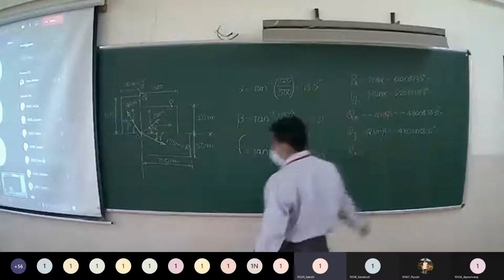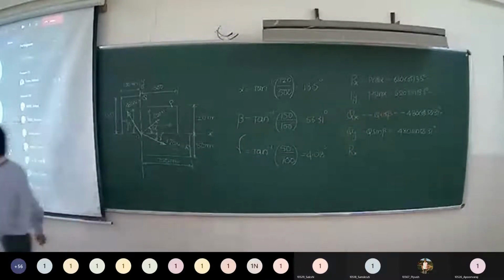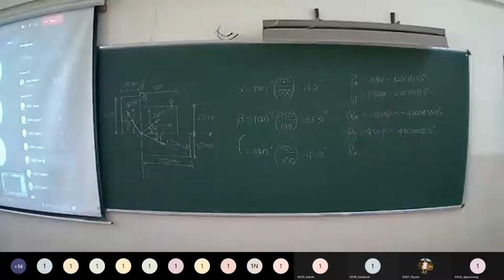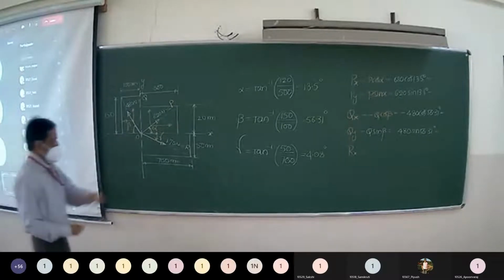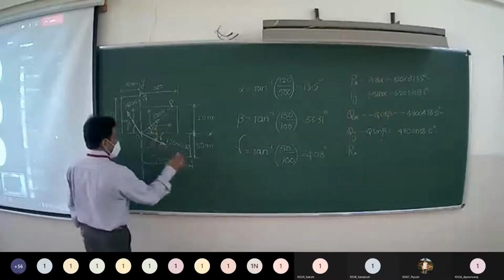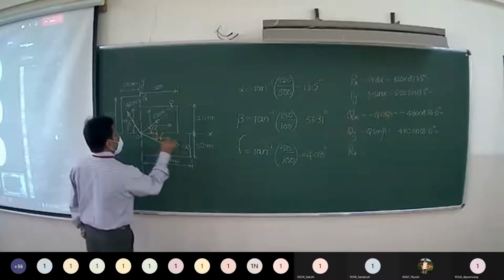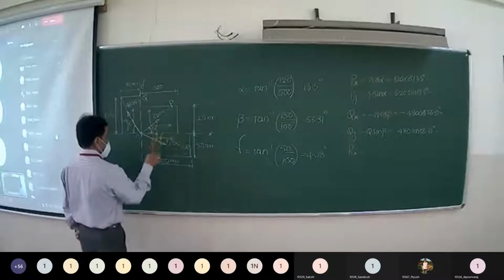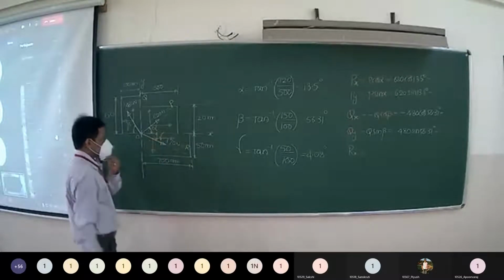Now R is making an angle gamma with respect to x, but R is in third quadrant. You have x towards left, y component downwards.